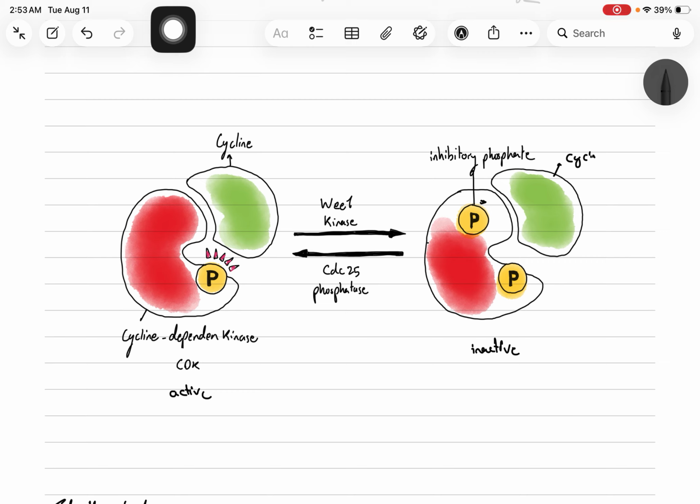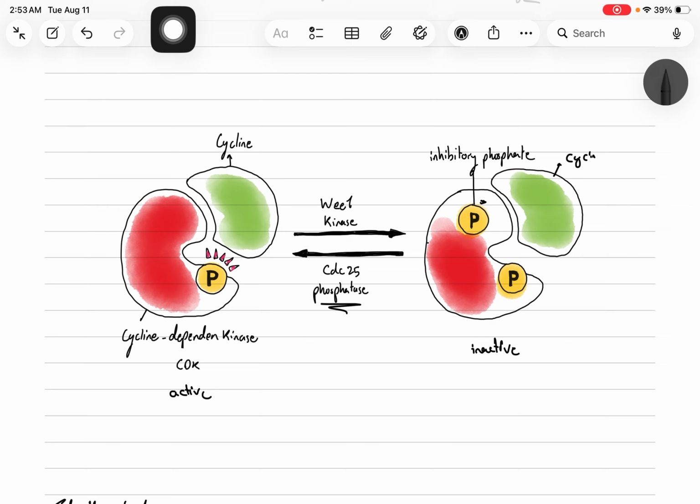CDC25 phosphatase removes that inhibitory phosphate, flipping the CDK back to its active state. This push-pull between Wee1 and CDC25 is how cells create those sharp, switch-like, all-or-nothing transitions.